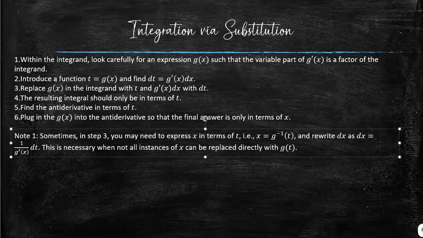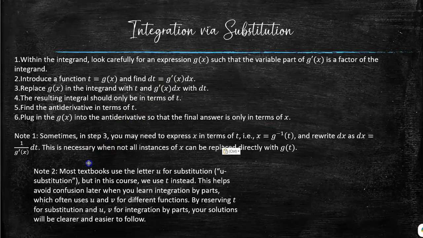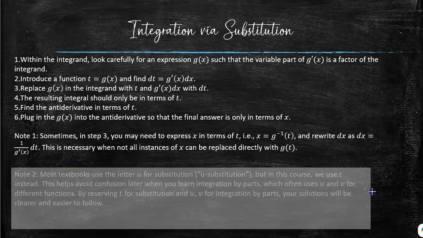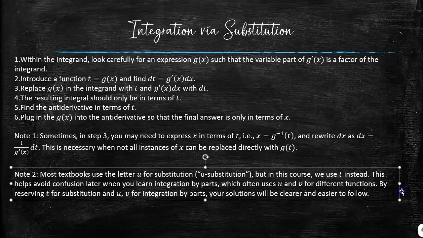Now, another suggestion is that by now, by probably Googling or ChatGPTing this topic, you have seen that many traditional textbooks, and therefore ChatGPT, refer to the substitution technique as U substitution, which is ridiculous because later we're going to learn a new integration technique called integration by parts, and the same mainstream books use letters U and V to set up the integration by parts.